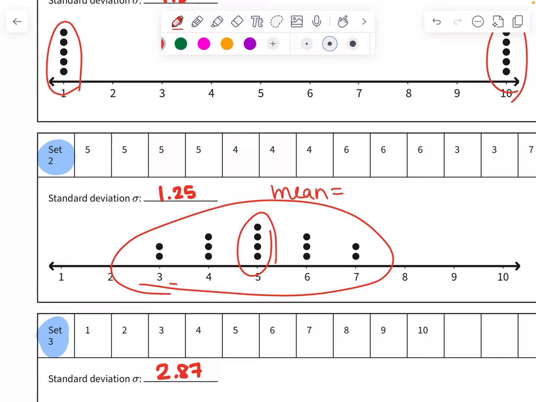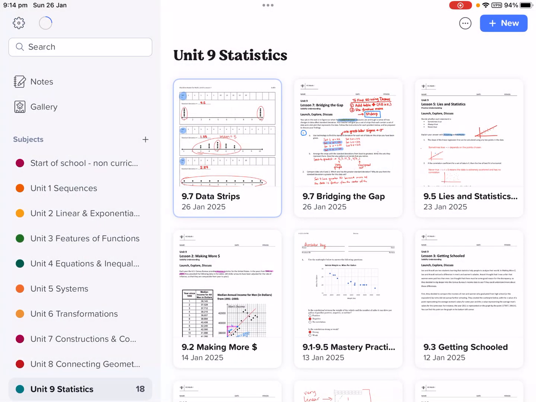So we would go 3 plus 3 plus 4 plus 4 plus 4 plus 5 plus 5 plus 5 plus 5 plus 6 plus 6 plus 6 plus 7 plus 7 equals, and then you divide by how many there are. Yeah, so the mean was 5 originally. And if we shift all the data set points 1 to the right, we end up with a different mean. Our mean ends up being, instead of 5, it's 6.